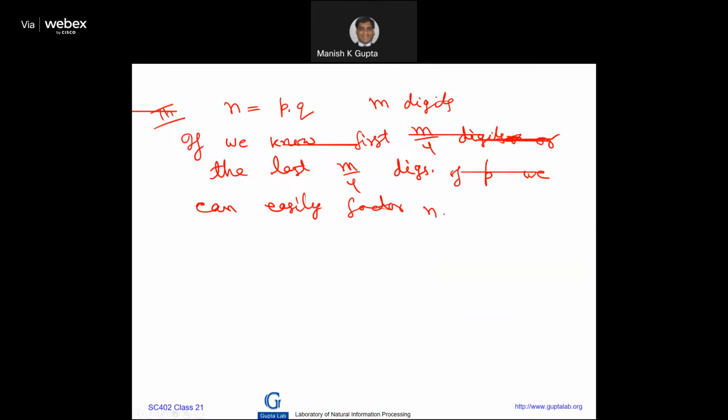That is the first result. So if the number n has m digits, and somehow you know the first m by 4 digits or the last m by 4 digits of p, then we can factor the rest of the thing easily. Obviously it requires a proof, but I'm skipping all those things because this is your first course in cryptography anyway. But this is an interesting result.